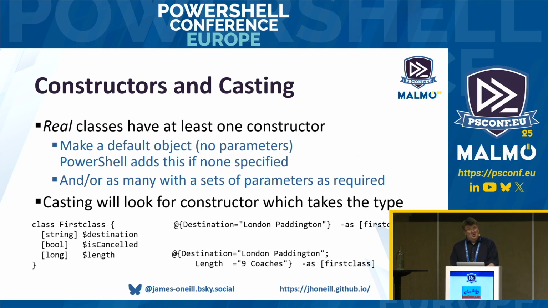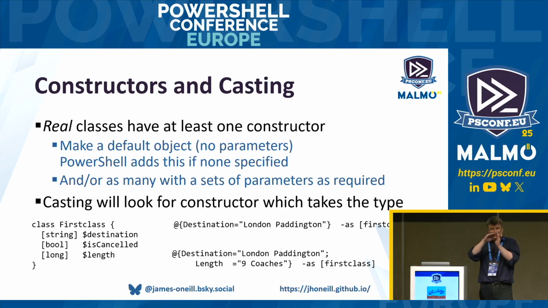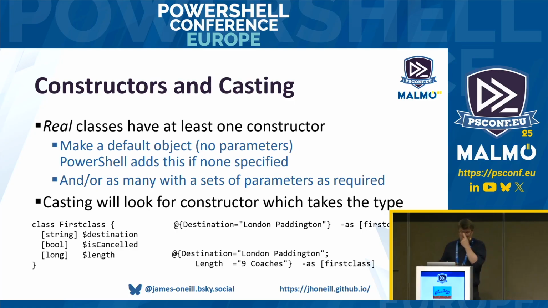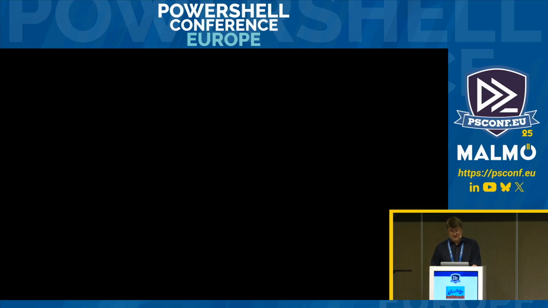And when you have a type, PowerShell will try and match the members of an object that you're casting to that type to the properties in the type. And this usually works, and what I was hoping was going to work, this time I will remember to come out.